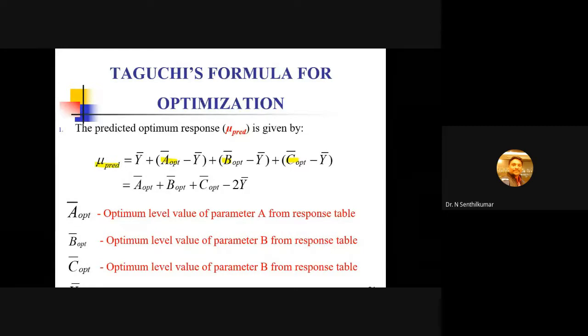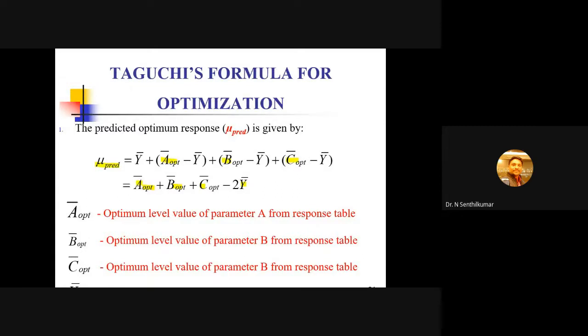So finally, I will get an optimal condition, and for that optimum condition, I can predict the output by using this. The optimum condition relates to the A parameter, likewise for B, likewise for C, and this is the overall mean. By using this formula, we can predict.